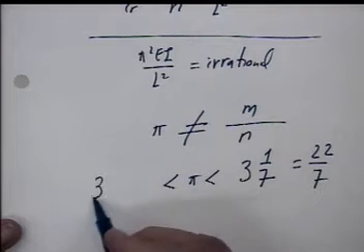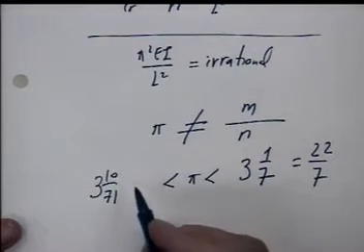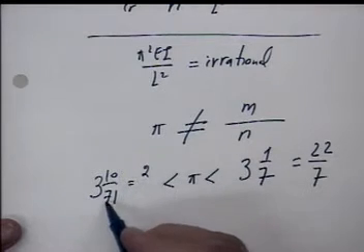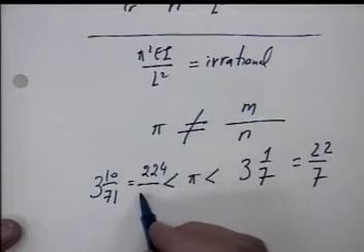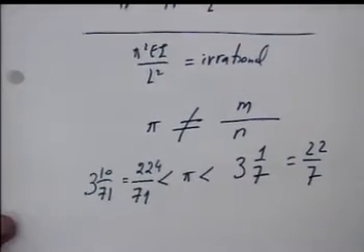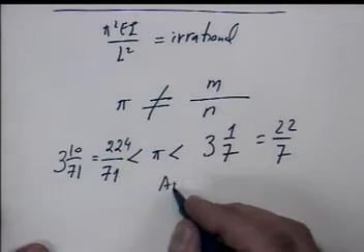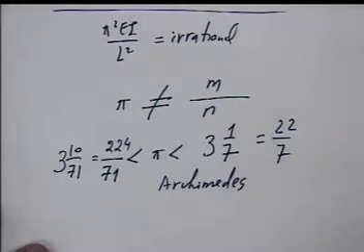And this is, I think, 3 and 10/71, which is 223 divided by 71. Okay, that is done by Archimedes. So that could be only approximated.